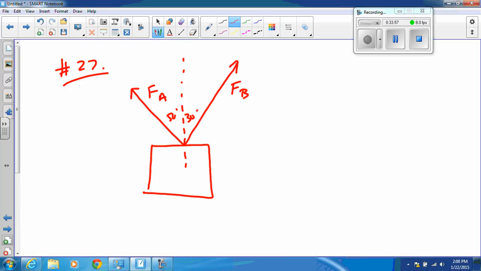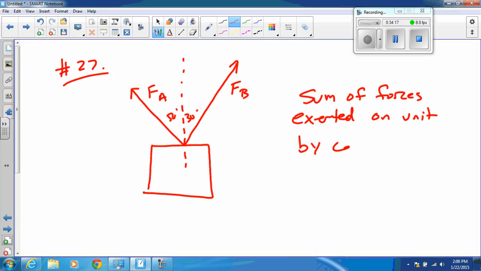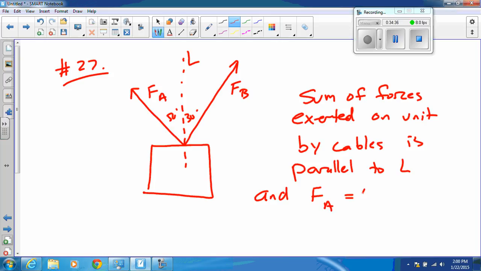They say the sum of the forces exerted on the unit by the horizontal cables is parallel to the line L. And FA equals 4,500 newtons.